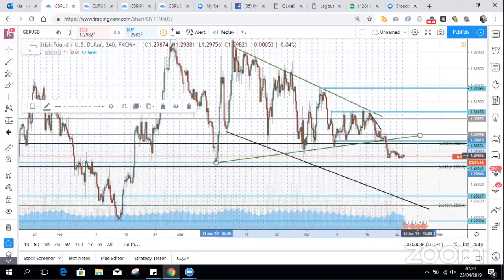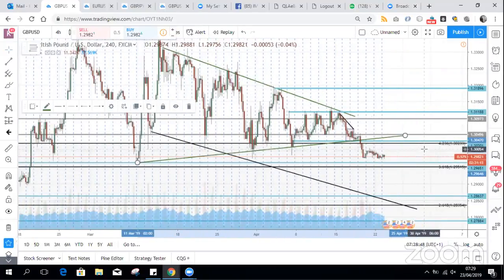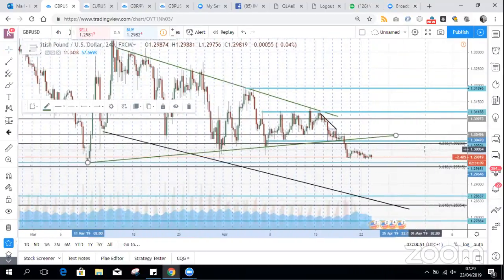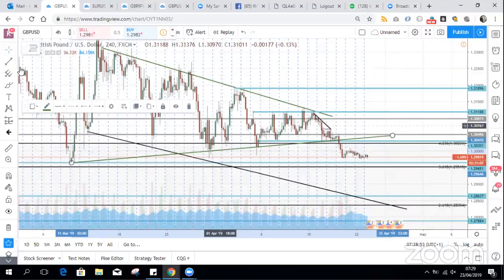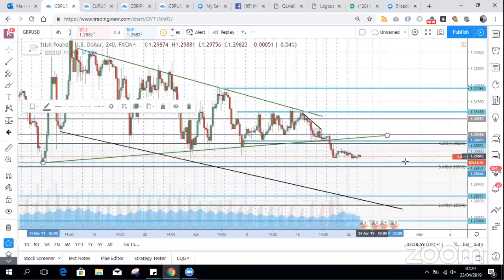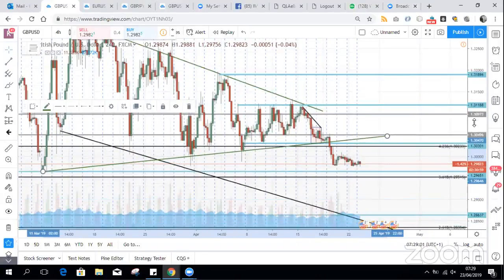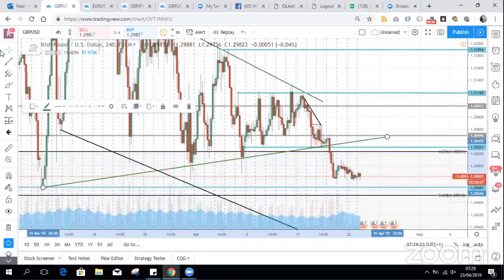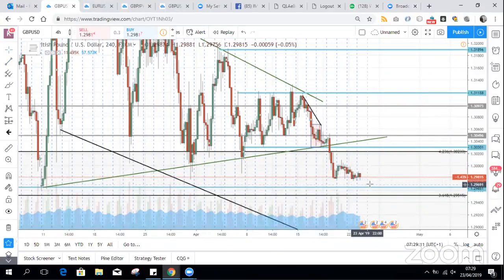There we are. GBP USD. Okay, so this is a big picture. As we can see, some obvious consolidation going on here. Very likely and easily we should come down here before taking off.